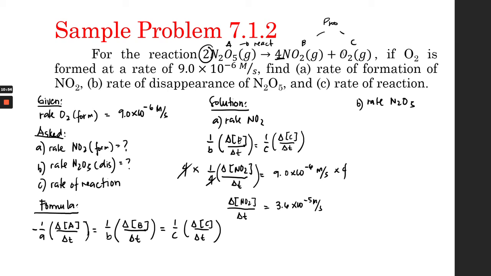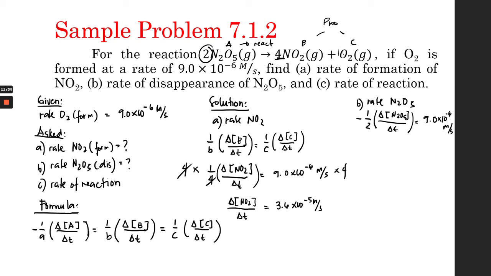Since this is our reactant, that's negative 1 over its molar coefficient, which is 2, times the change in the molar concentration of N2O5 divided by delta T, is equal to, again, we only have 1 here, so let's write that, the rate of formation of O2, which is 9.0 times 10 raised to negative 6 molar per second.